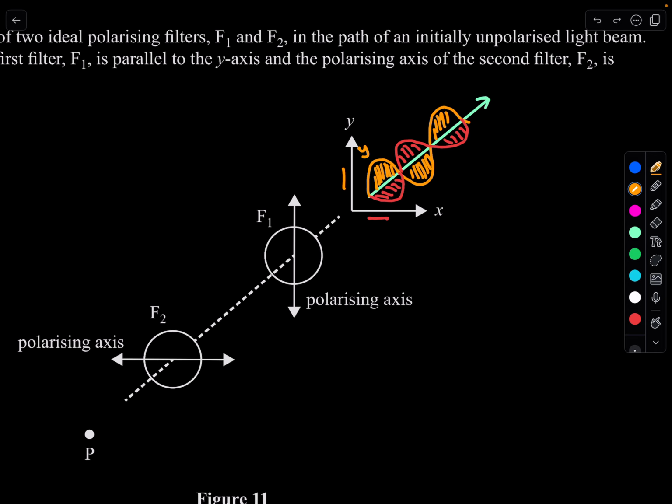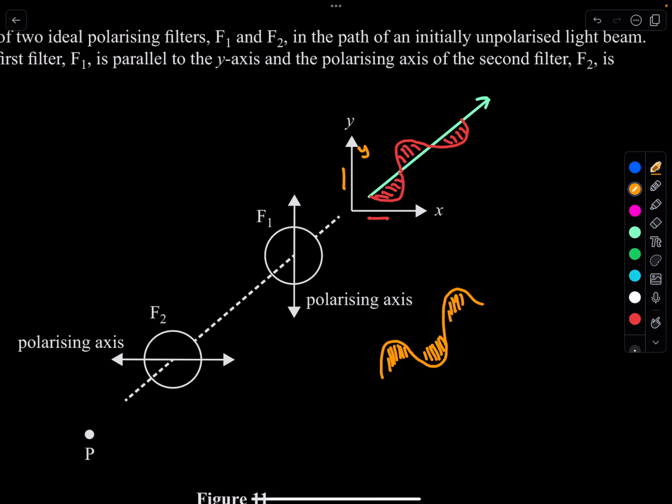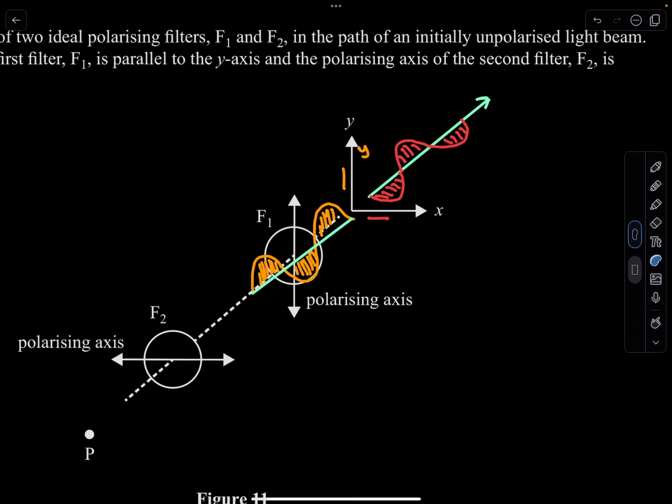It's going to block the red part. So it only allows this light here, it's blocked that light, and now it's passed through here.